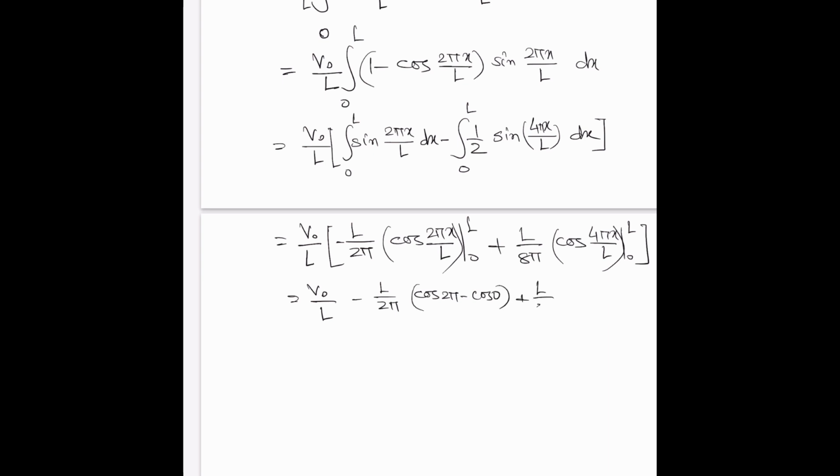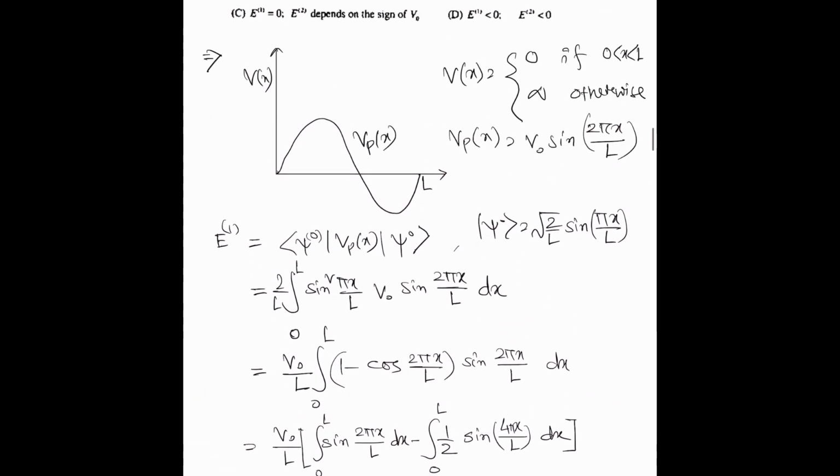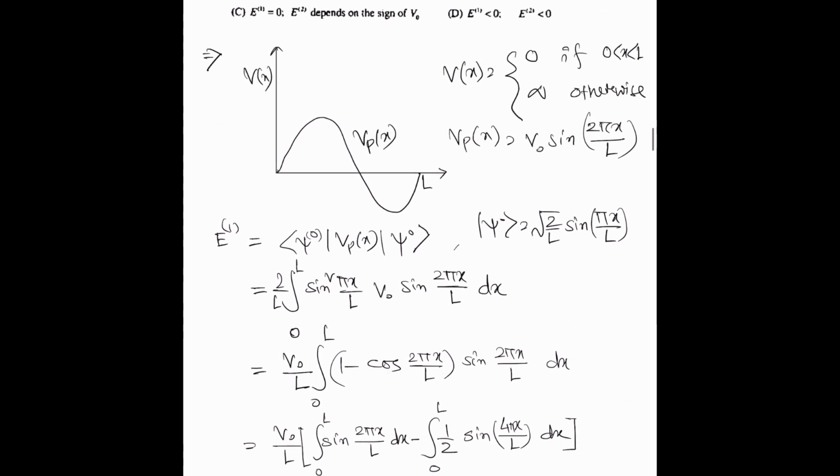Similarly here we will get cos 4 pi minus cos 0. Now cos 2 pi and cos 4 pi are all equal to cos 0. This is 0, this is also 0, so the total value is 0. So there is no first order correction for this perturbing potential.